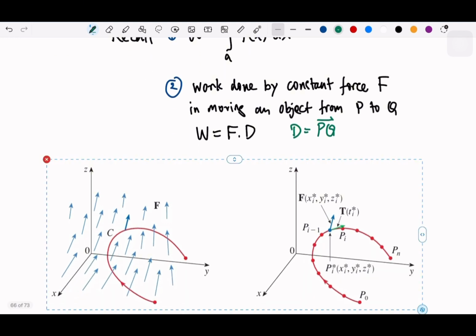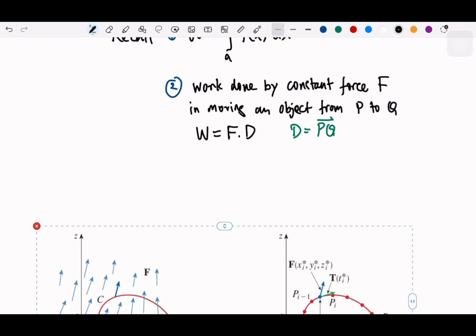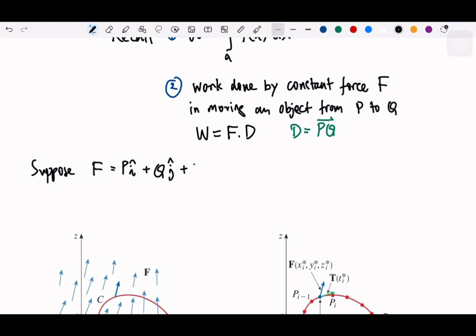Now suppose that we have a vector F defined in three dimensions, so P, Q, R. So suppose that F is a continuous vector field, of course in three dimensions or on a domain of three dimensions.